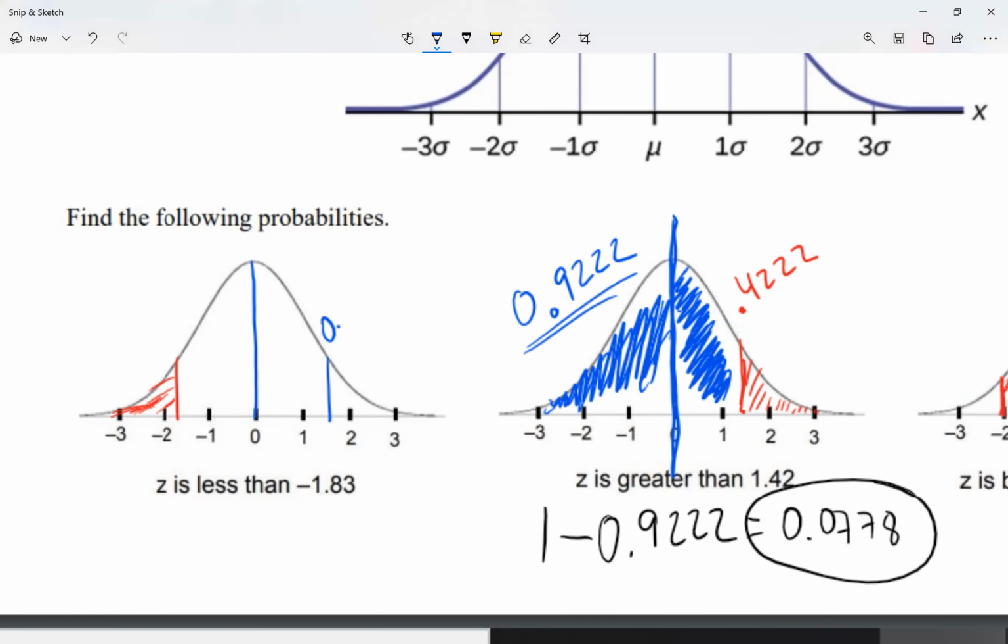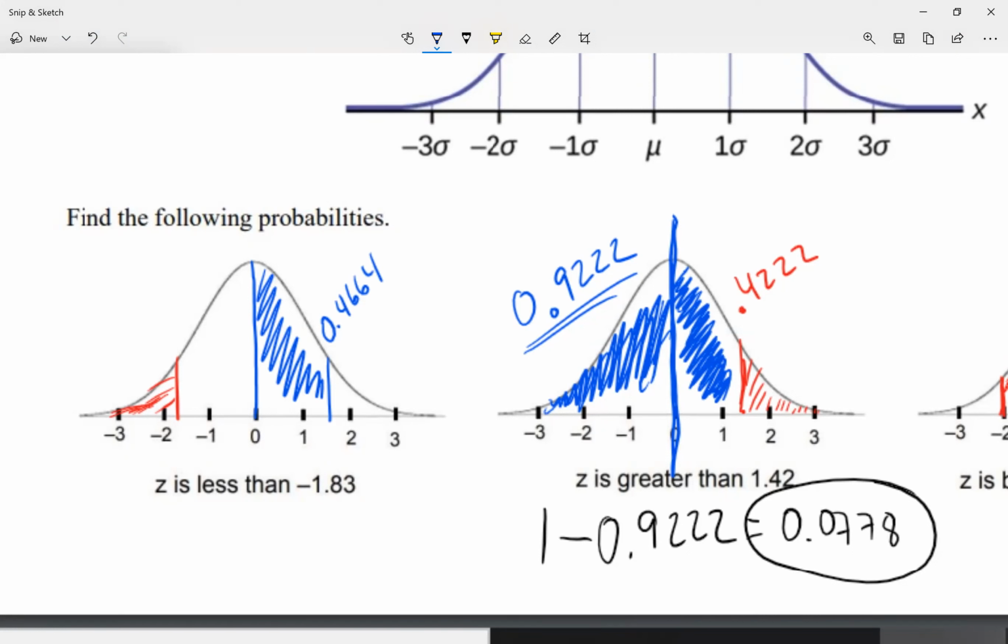Just going to write it up here, 0.4664. That was it, right? Yep. Okay, so what does this figure tell us? That's how much this area is. Huh, and not what I needed.